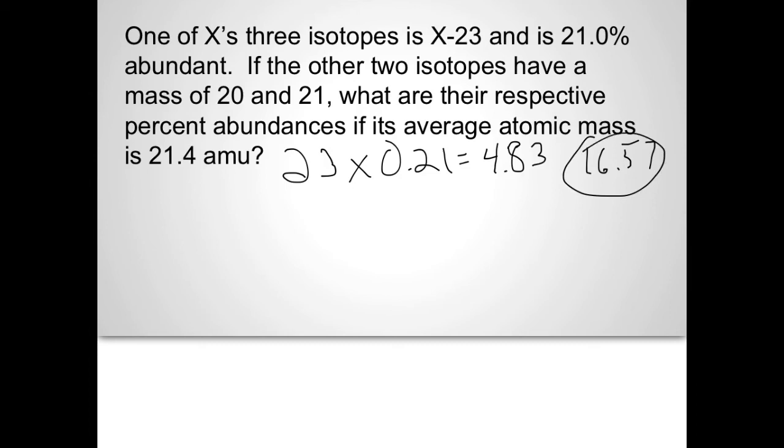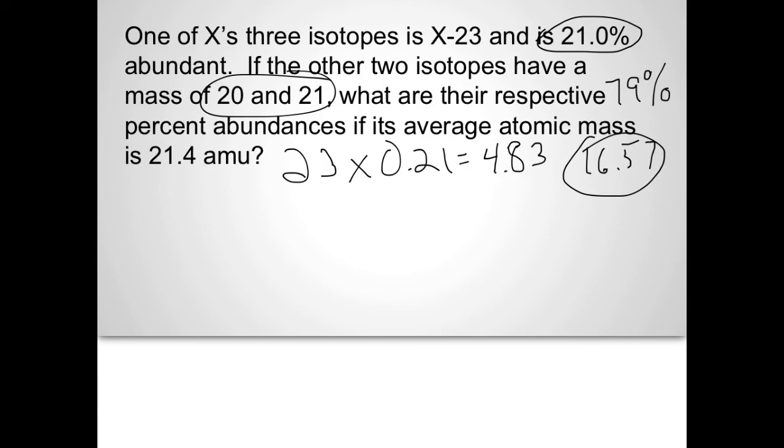The other thing that we know is that all three isotopes have to add up to a total percentage of 100, which means if the first isotope is 21, then the other two have to combine to make up the other 79%. That's just a fact because it's a percentage.